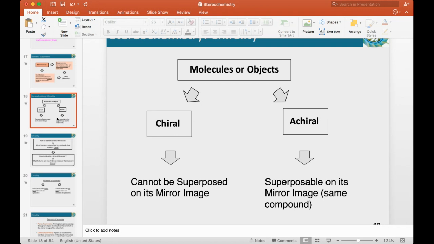Okay, I want to say something just as a clarification. There might be diastereomers that are chiral, and we will define that probably later, and you will learn even more about this in organic chemistry, but I'm just saying this now so you're not confused later. But in general, what we can say for sure is that chiral compounds could be enantiomers, could be diastereomers. Okay, there could be diastereomers that are chiral. That's a different thing. And then achiral compounds are those that are superposable with their mirror image.